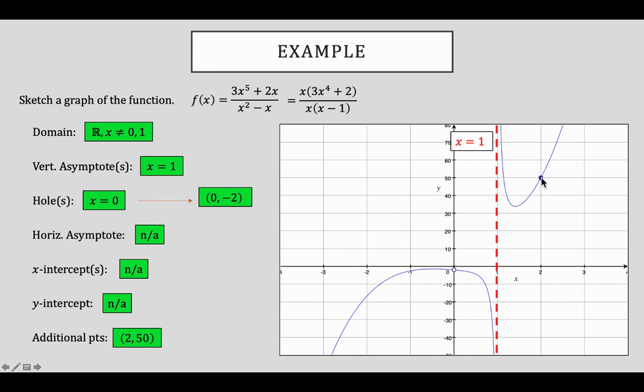We know that the graph has to go up as x goes to positive infinity, and the graph has to go up as it approaches this vertical asymptote from the right. And we know that the graph has to go down to negative infinity as we approach this vertical asymptote from the left, and that the graph has to go down to the left as x goes to negative infinity. And there we have the sketch of our rational function, our third and final example.